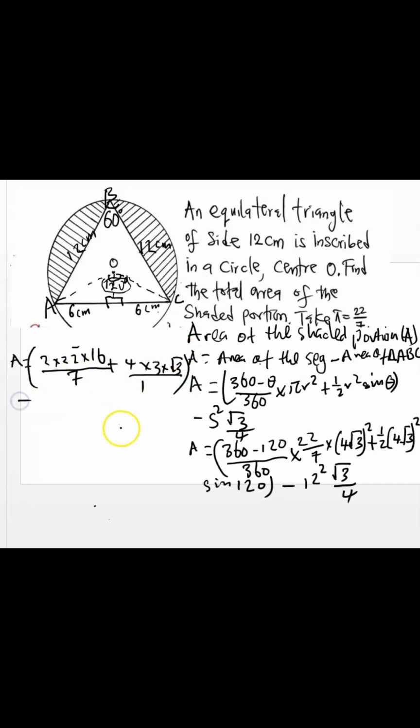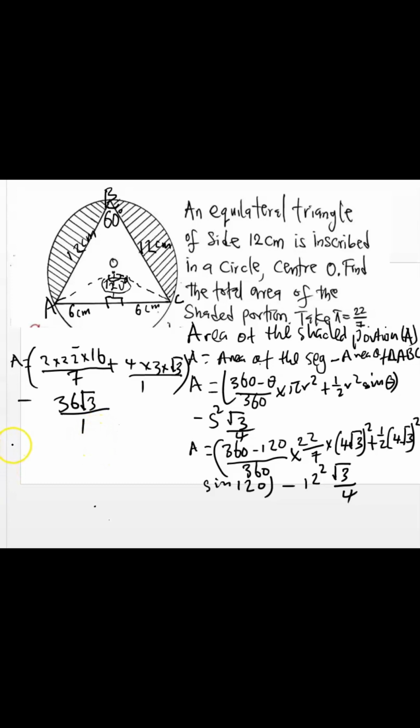Now all this minus what we have here, that is 12 squared root 3 over 4, which will give us 36 root 3 divided by 1.